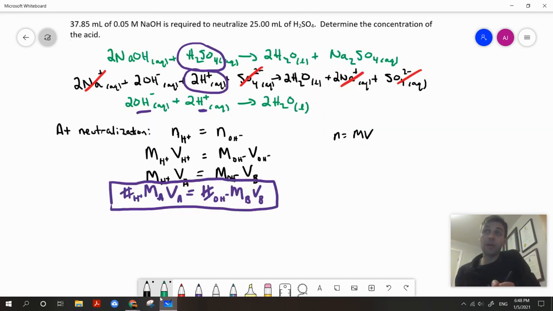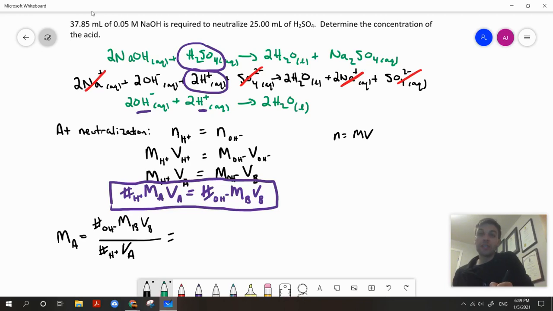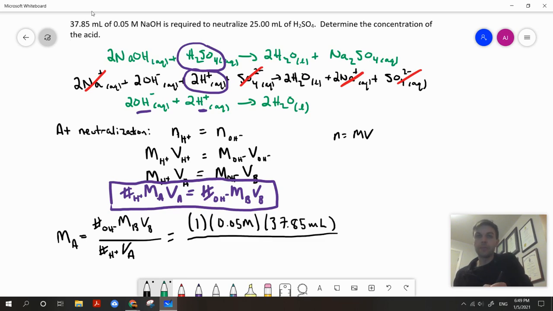The question is asking for us to solve for the concentration of the acid, which is M sub A. So let's rearrange the equation and solve for the concentration or molarity of the acid. The number of hydroxide ions is the number of hydroxides in the formula of the base. Okay, so sodium hydroxide, 1 hydroxide ion. For sulfuric acid, in every 1 sulfuric acid molecule, there are 2 hydrogen ions released.